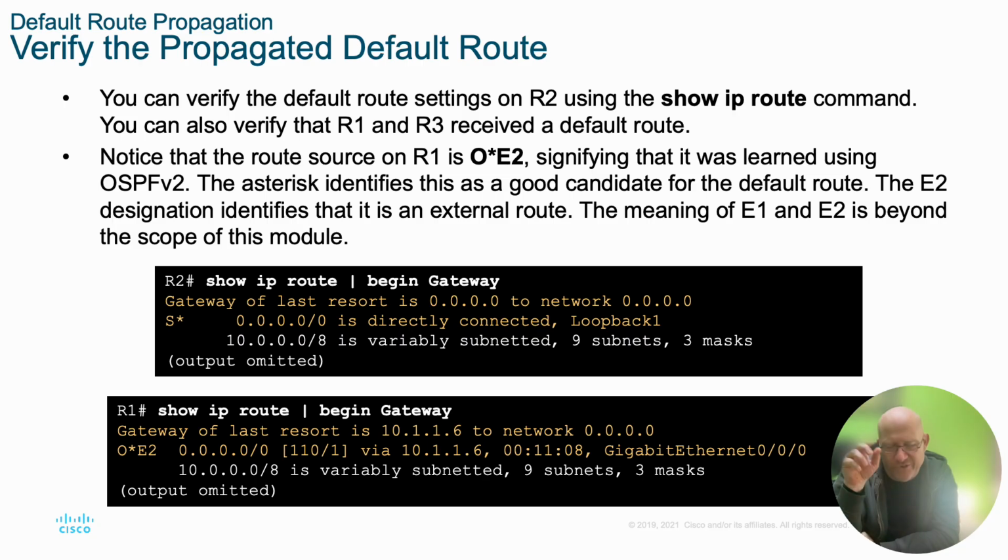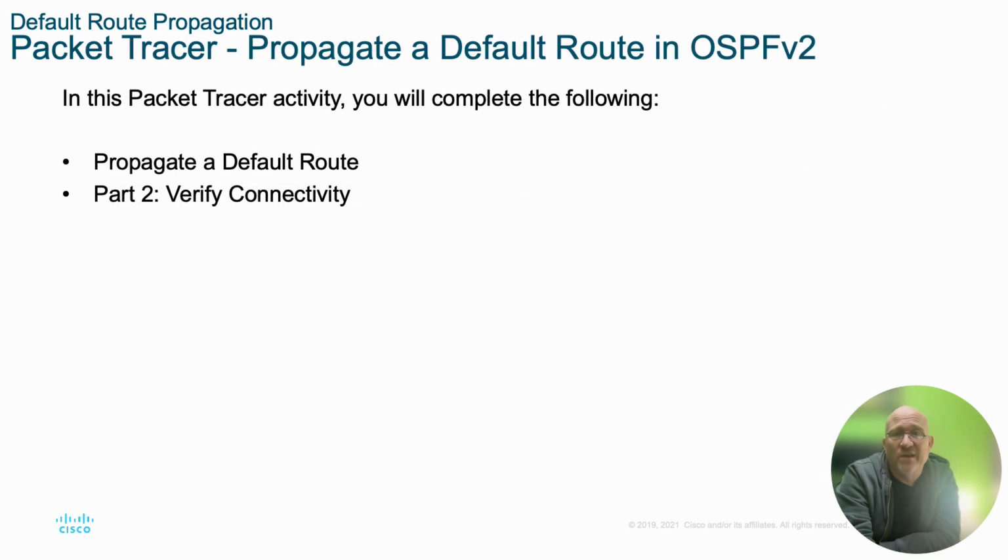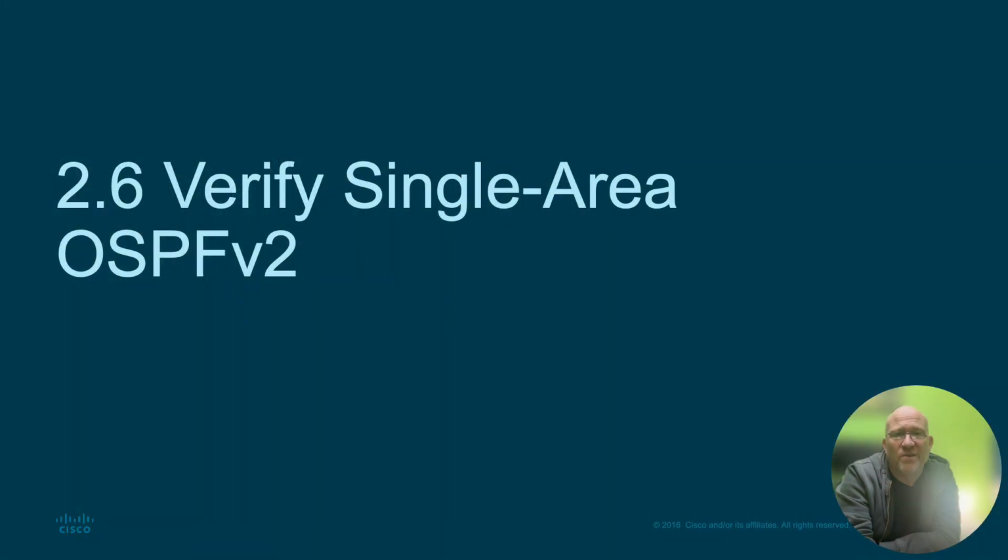So default-information originate for default routes or quad 0, but if it's a standard static route, you have to do a redistribute static subnets, and that often catches out students as well.